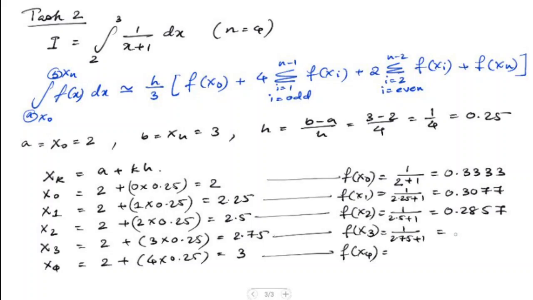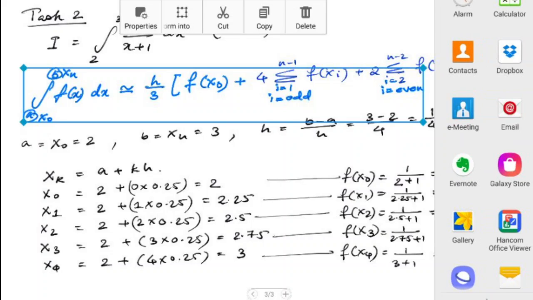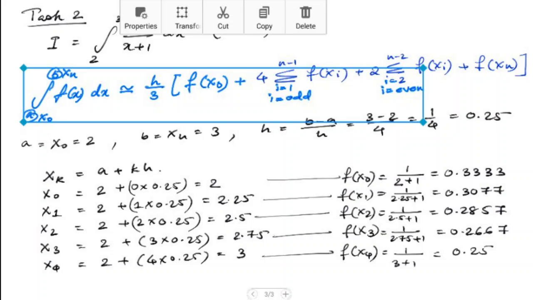This is equal to 0.2667, and here we have finally 1 over 3 plus 1, so this is giving us 0.25. So once we got all of these values, it is more simple to do the calculations. I'll just copy again the formula here. Okay.